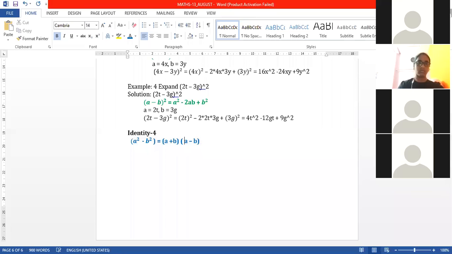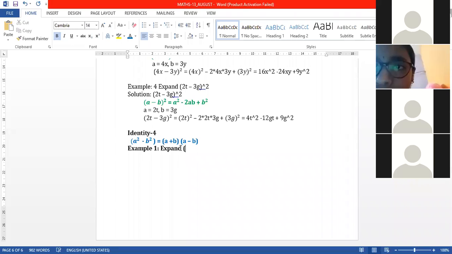Note down example first. Expand. What is the identity for a square minus b square? It is equal to (a plus b)(a minus b). Example first, note down, everyone.